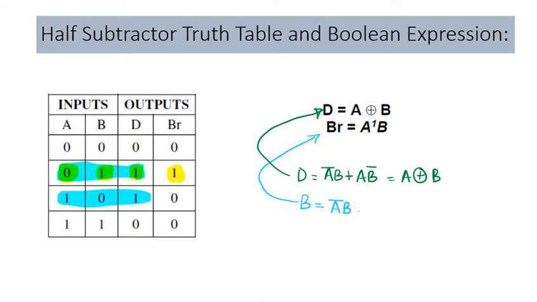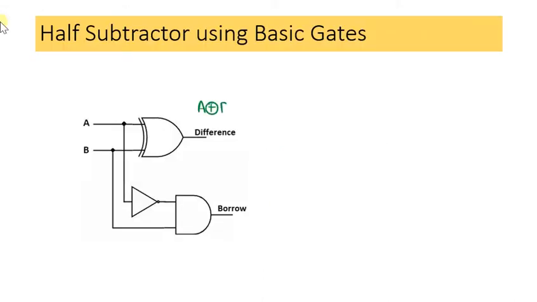So let us realize this using the 7486 IC, that is the XOR IC, 7404 NOT IC and 7408 AND IC. So this realization will be called as the realization using the basic gates.